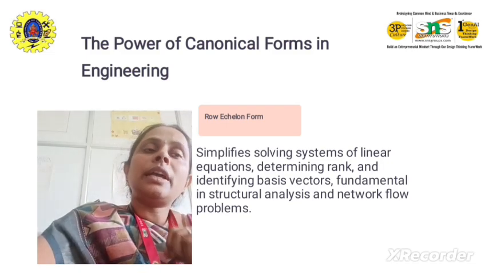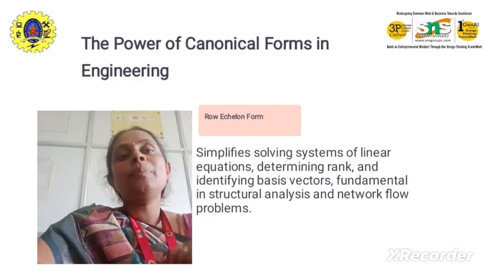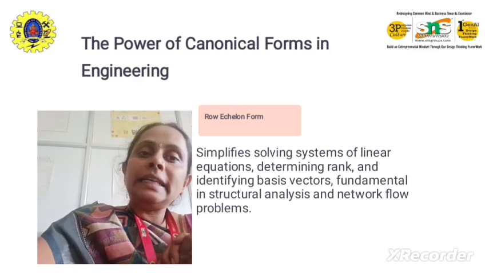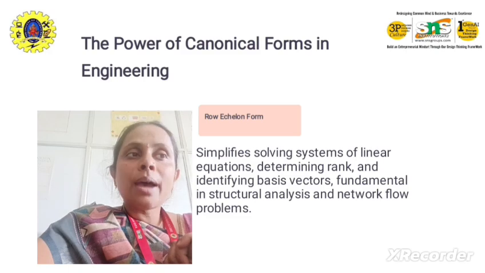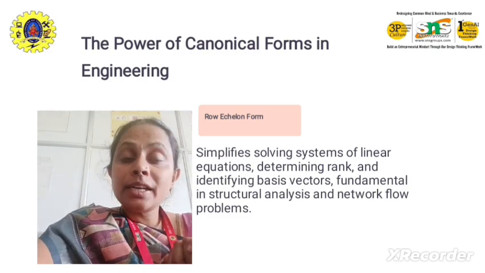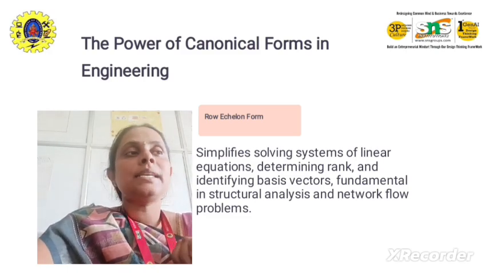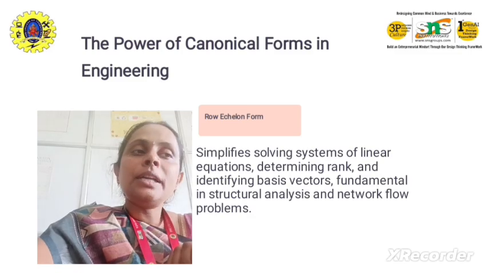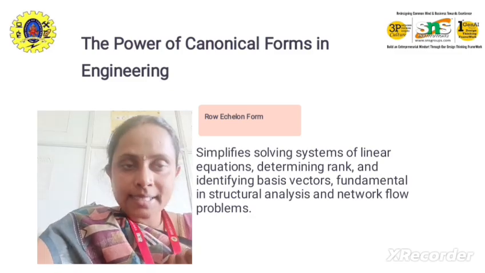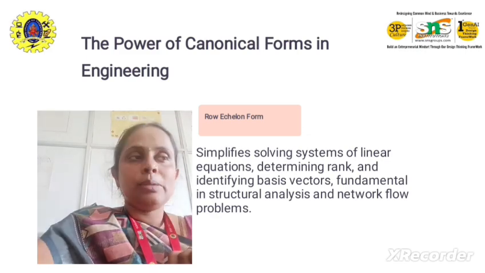Next is the row echelon form. It is used for solving systems of linear equations, determining the rank and identifying basis vectors, which is fundamental in structural analysis and network flow problems.